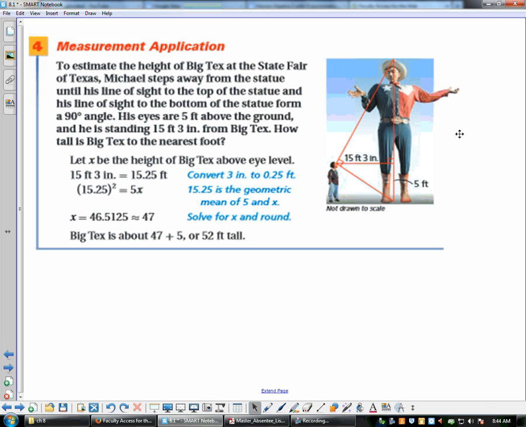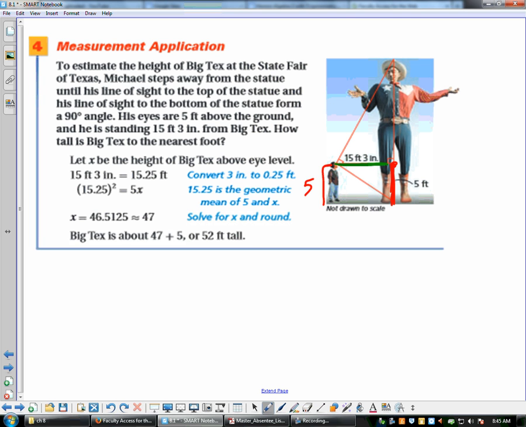So his eyes are 5 feet above the ground. His eyes to the ground are 5, which is why this segment right here is 5. And he is standing 15 feet 3 inches from Big Tex. So this distance from here to here is 15 feet 3 inches.